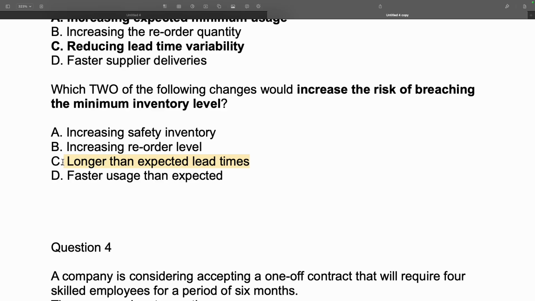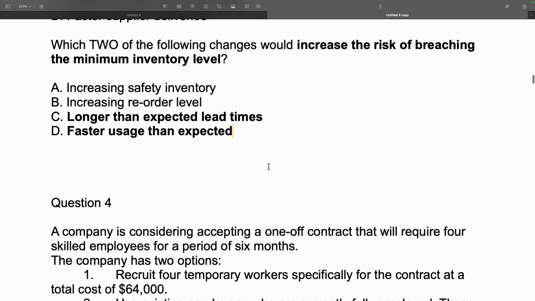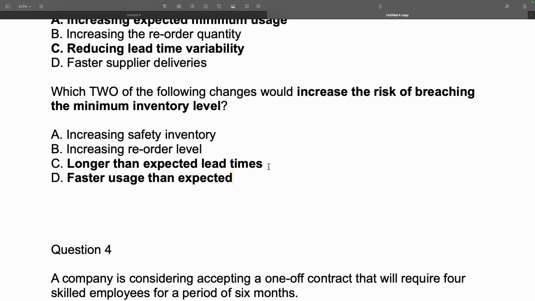Longer than expected lead time, faster usage than expected. So these are all the reasons why you have inventory levels adjusting. Remember, you already studied FIFO, LIFO, and AVCO inside your MA1. That's repeating.